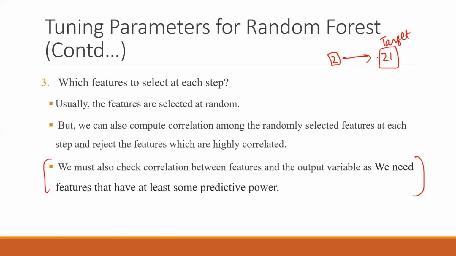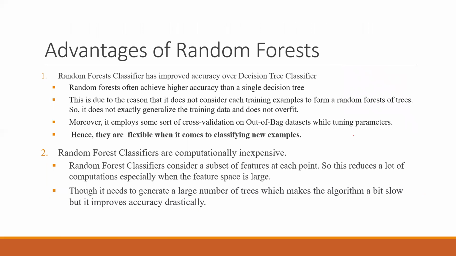So 2 and 21 will be checked. It should have some predictive power. It should contribute something. It should not be the case that it is not contributing anything in getting the prediction done.